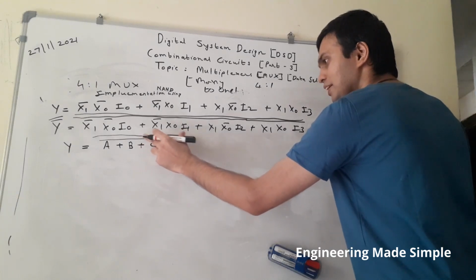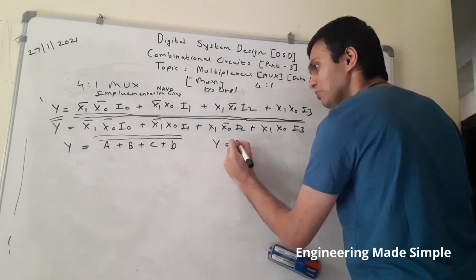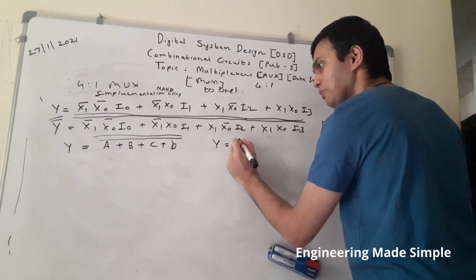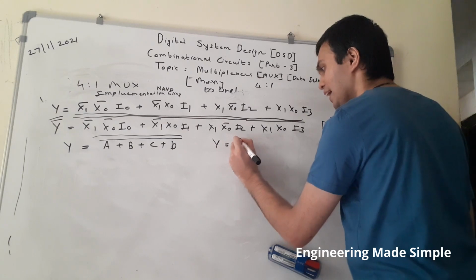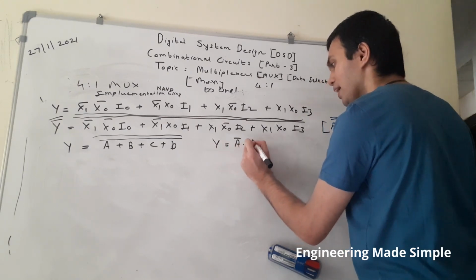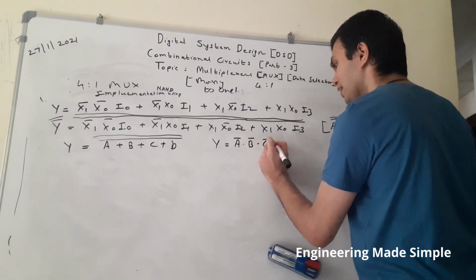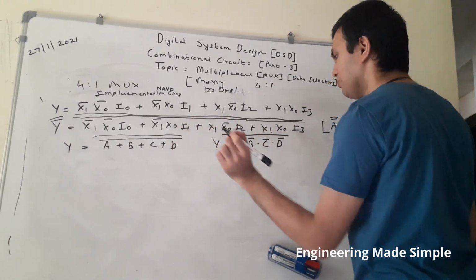So what will be this internal complement consist of? So it would be y is equal to, this is a plus b plus c plus d the whole complement. So how can we write that in terms of NAND logic? So that is nothing but a bar dot b bar dot c bar dot d bar, and the whole complement on the top will remain as it is.